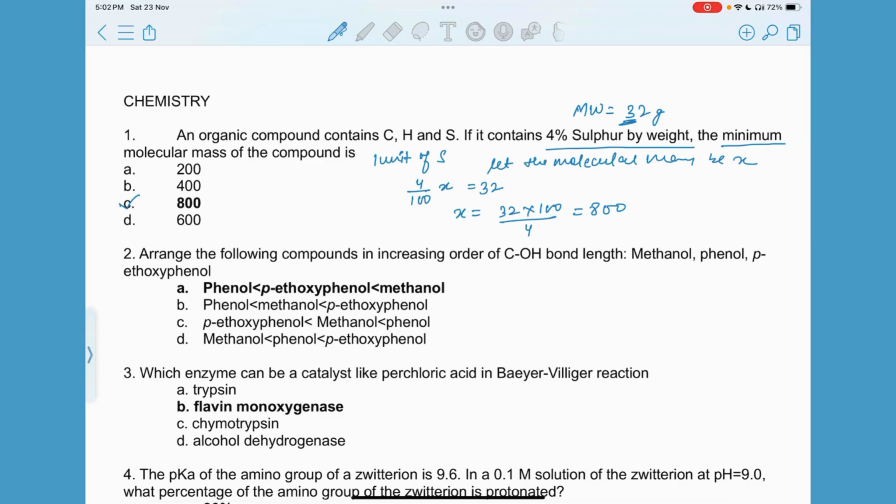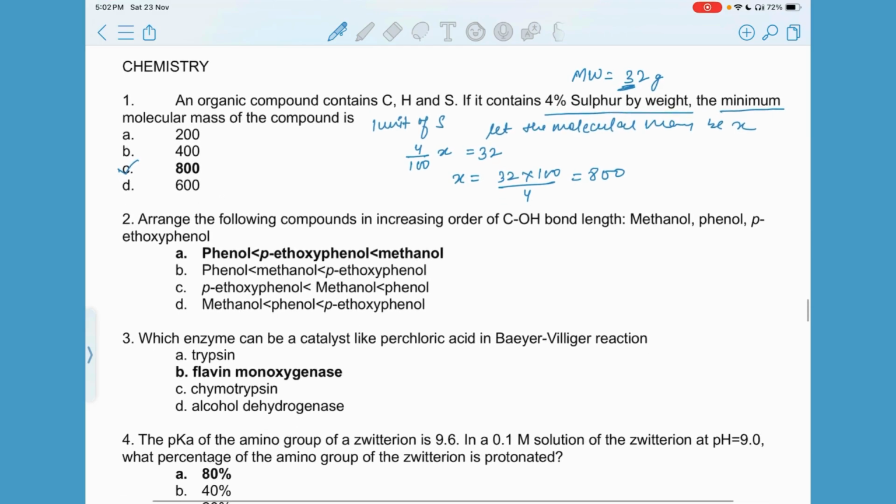Now for the next part, arrange the following compounds in increasing order of C-OH bond length: methanol, phenol, para-ethoxyphenol. So now we know that resonance will make the electrons move around in that resonating circuit, and thus the C-OH bond length will decrease. So phenol is here resonating.